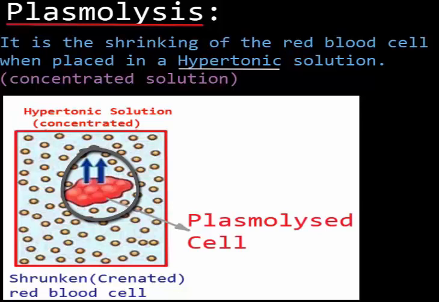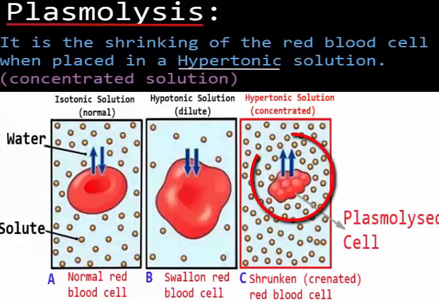Can you see it? This is plasmolysis, the shrinking of the red blood cell when placed in a hypertonic solution.